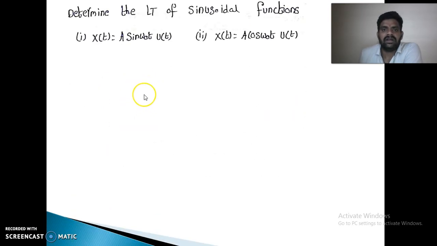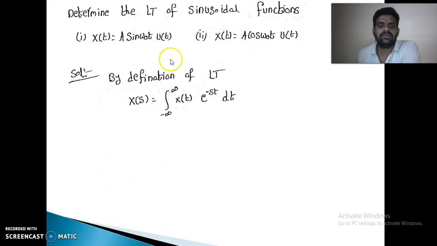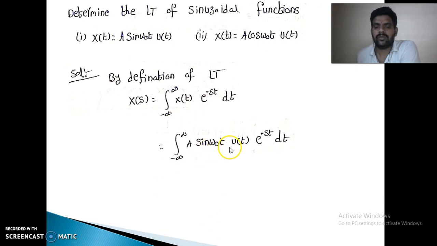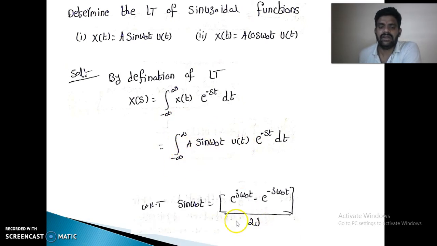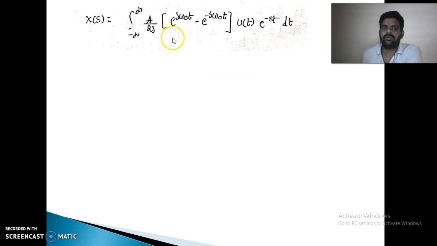Now determine the Laplace transform of sinusoidal functions, that is A sin omega naught t u of t and A cos omega naught t u of t. First I am taking sin omega naught t as x of t, substituting A sin omega naught t u of t. U of t is again a right-sided function, so the integration limits change from 0 to infinity, and we substitute the sine function in terms of exponentials, e power j omega naught t minus e power minus j omega naught t by 2j.